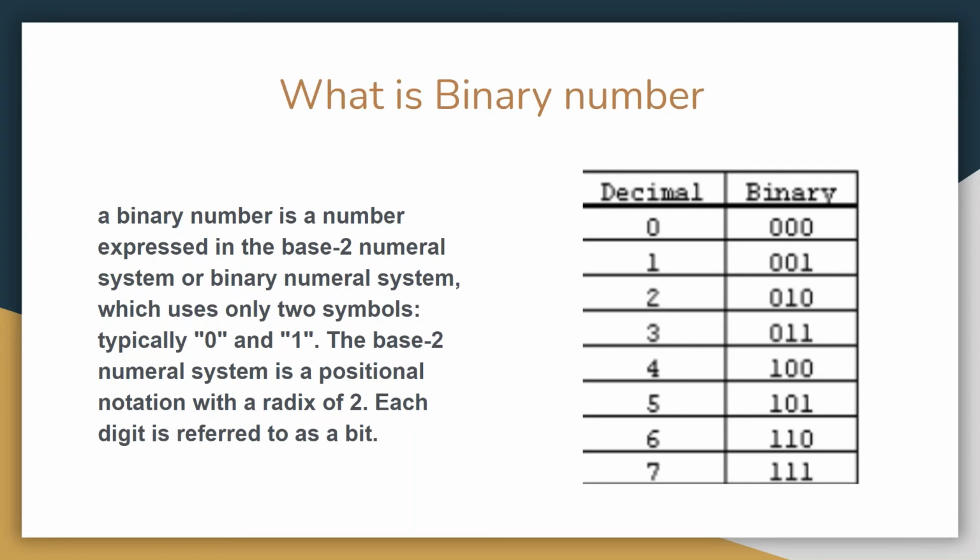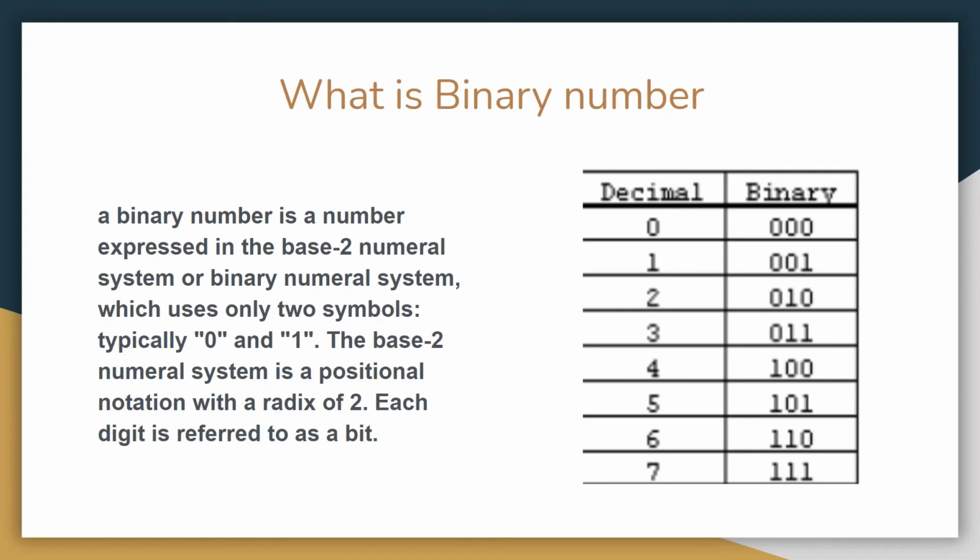That's why 0 is represented as 0 in binary if we erase the first two zeros, and 1 is represented as 1 in binary if we erase the first two zeros.